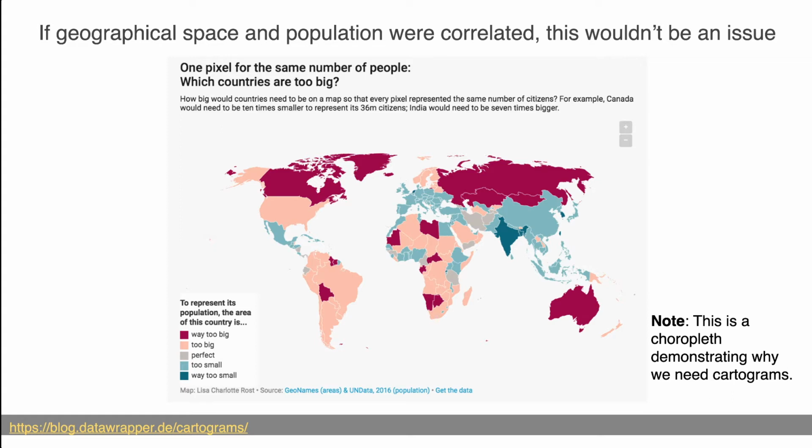So the answer is most of them. Only countries like Iran and I think that's Tanzania have roughly the right amount of pixels to people. Countries like Canada are much, much too big for the number of people they have. Okay, so land area does not equate to people area.